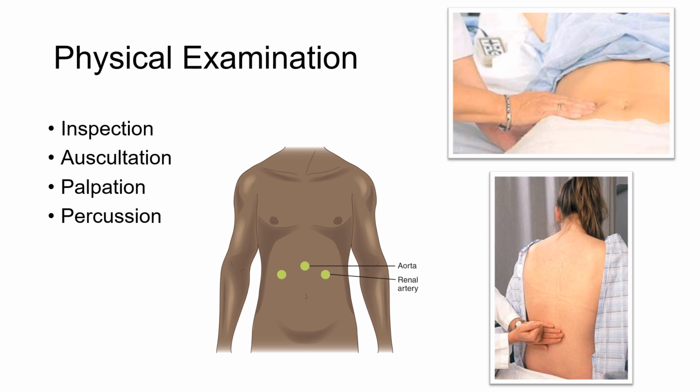So when inspecting, you're going to want to look for poor skin turgor, rough texture, pallor, maybe yellow-gray color, flank bruising. All of those things can be indication of something going on with the urinary system. They may have an ammonia breath odor, stomatitis, which is inflammation in the mouth. The abdomen may be uneven.